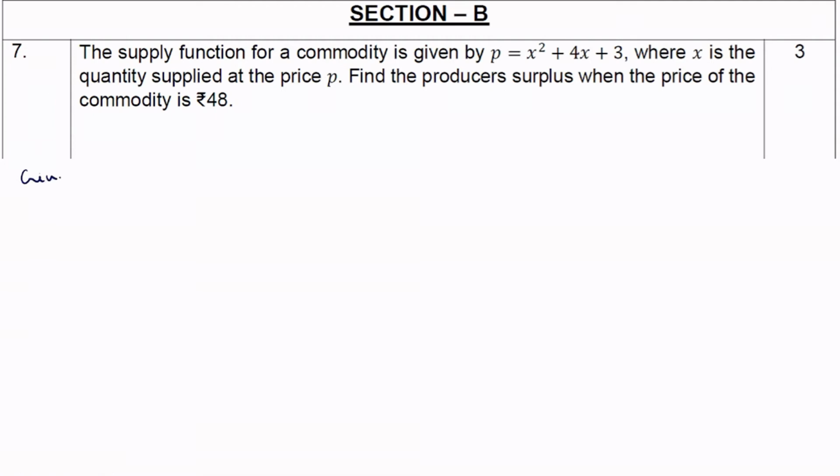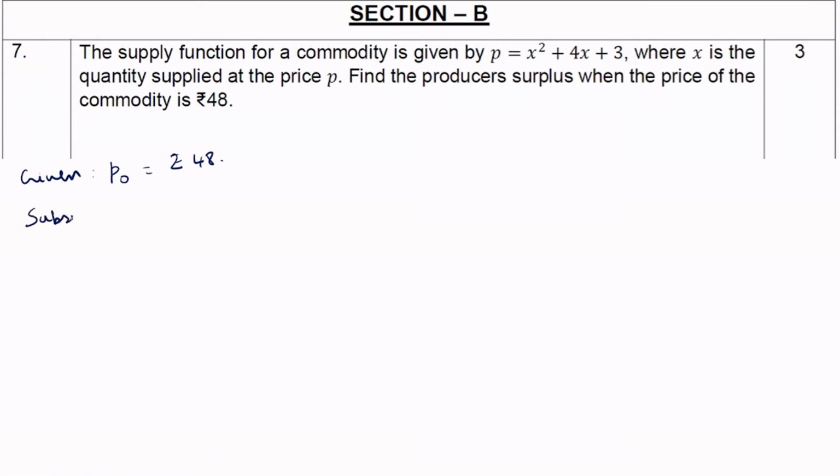So given, P naught is equal to rupees 48. Now we need to find x naught by substituting P naught as rupees 48 in the given supply function.